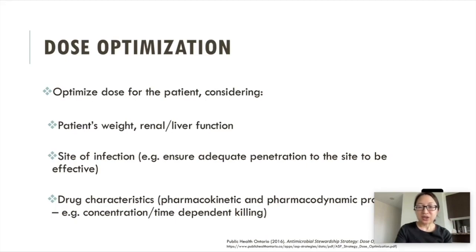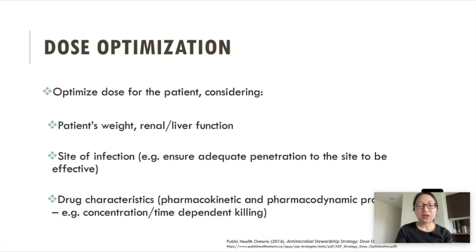Next, paying attention to the dose of the antimicrobial is also very important when treating an infection. A dose that is too low will compromise the chances of successfully treating the infection and may increase the risk of developing resistance. A dose that is too high, however, can increase the patient's risk of adverse effects.